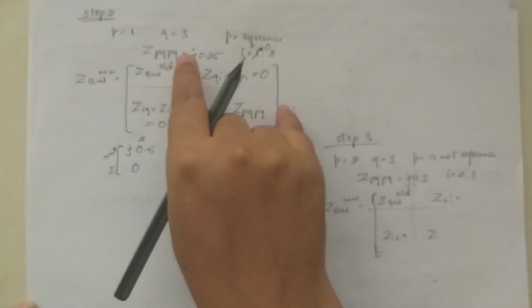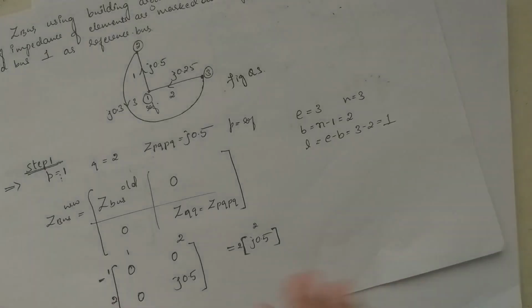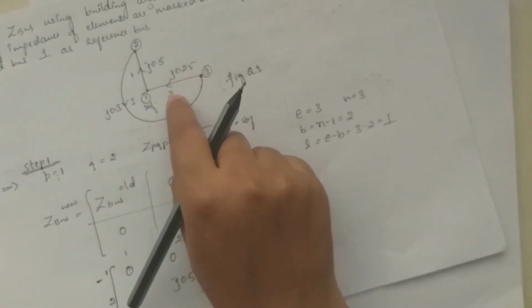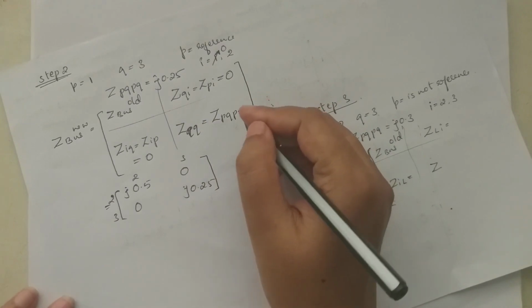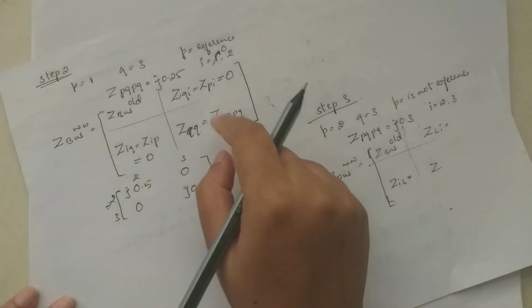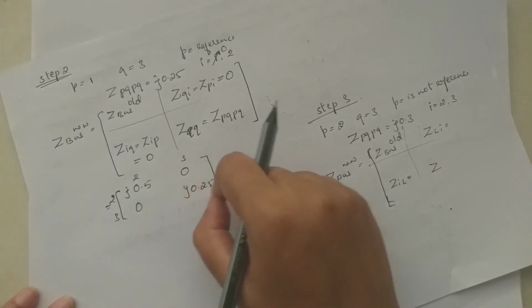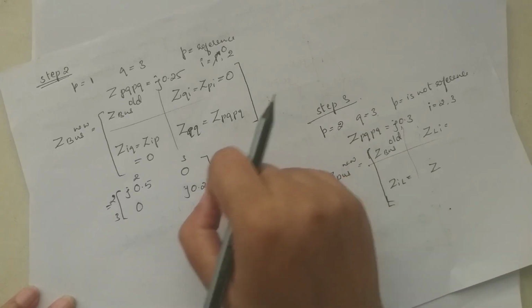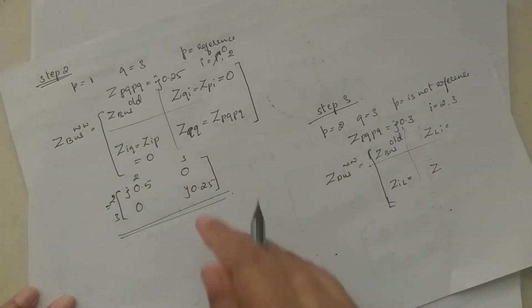So ZPQ,PQ is j0.25, that is the second element value. Therefore, the matrix will be ZBus old, which is j0.5, 0, 0, j0.25. This is the matrix we obtain in the second step.